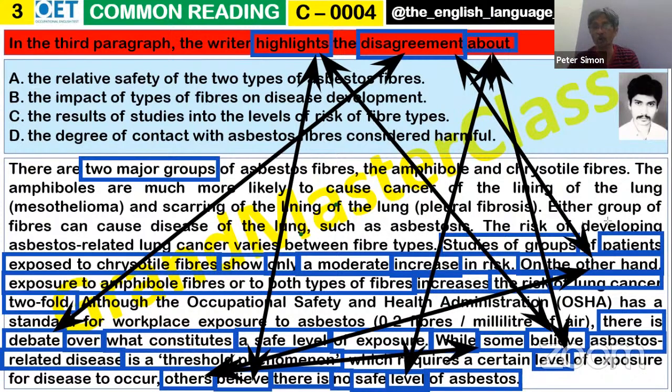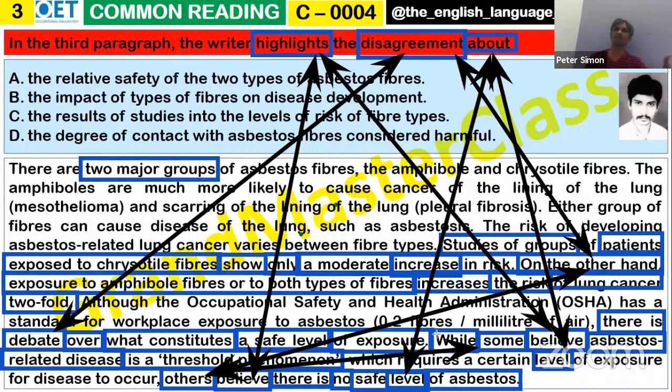This one says threshold, and this says no safe level. Threshold means till here is safe. Once it crosses here, then it is dangerous. But others say there is no threshold. First says positive, yes, there is a safe level. Second one says there is no safe level. That is why others are contradicting.